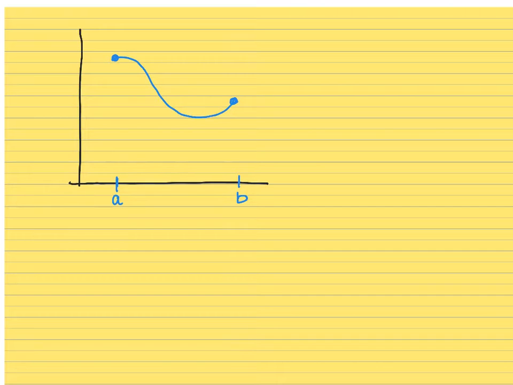We would like to find the area under the curve, in other words, the area of this oddly shaped surface. So we want to be able to find this area.